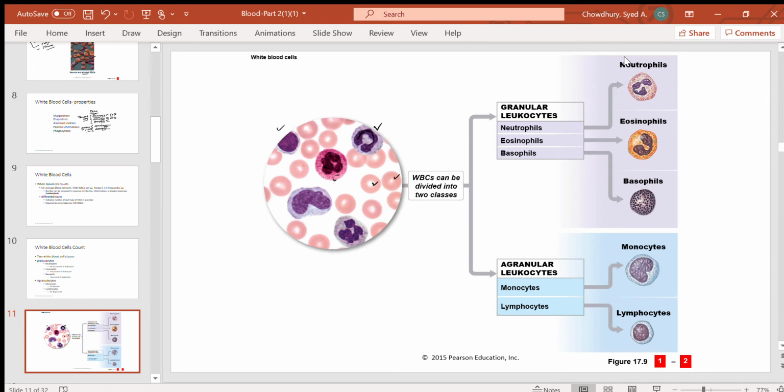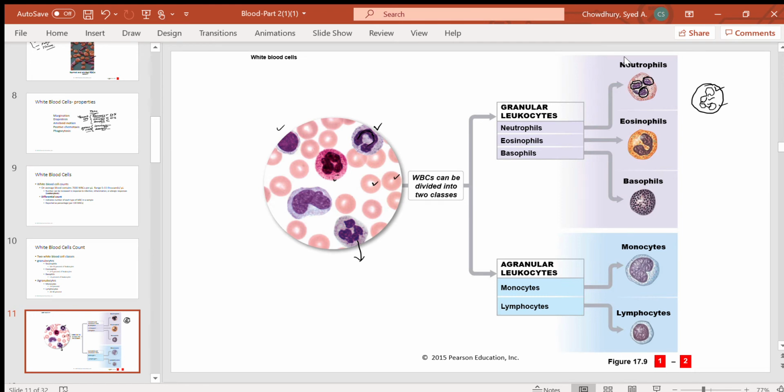So this one, if you look carefully, in the nucleus, you see lobes. This one has 3 lobes in the single nucleus. You see, this is the neutrophil and the nucleus has multiple lobes. It could be 3, 4, 5 or even 6. This one has 4 lobes, right?